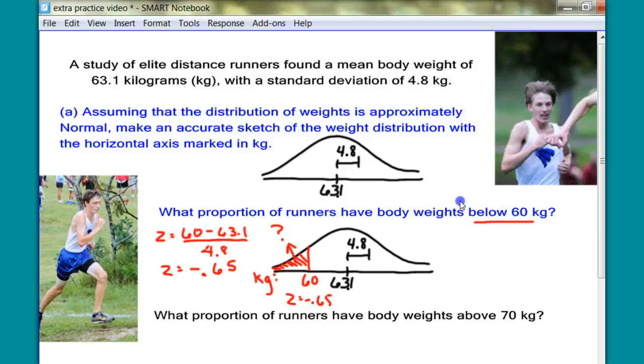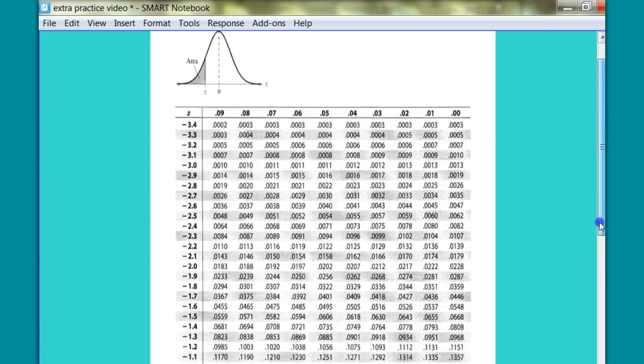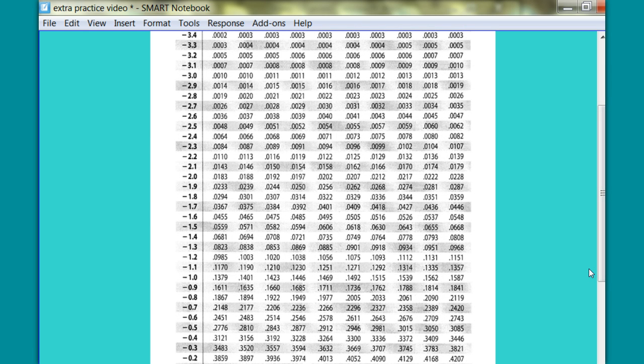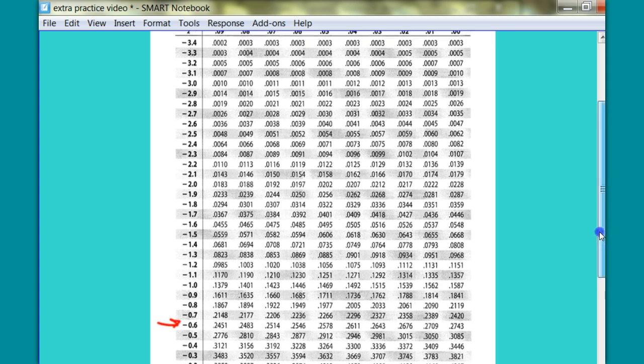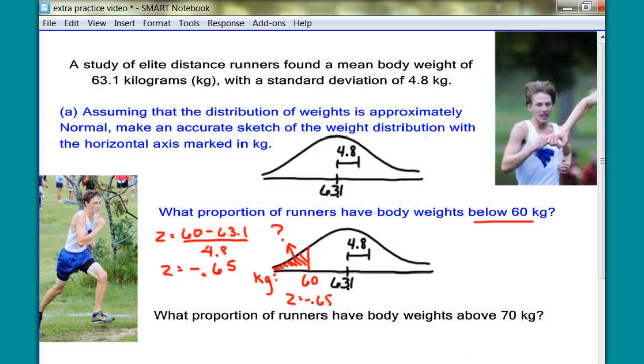I grab my z-chart and I look up negative 0.65, negative 0.6 down here. Find column 5, which is this one, and find where they intersect. Looks like 2578 is the winning number.